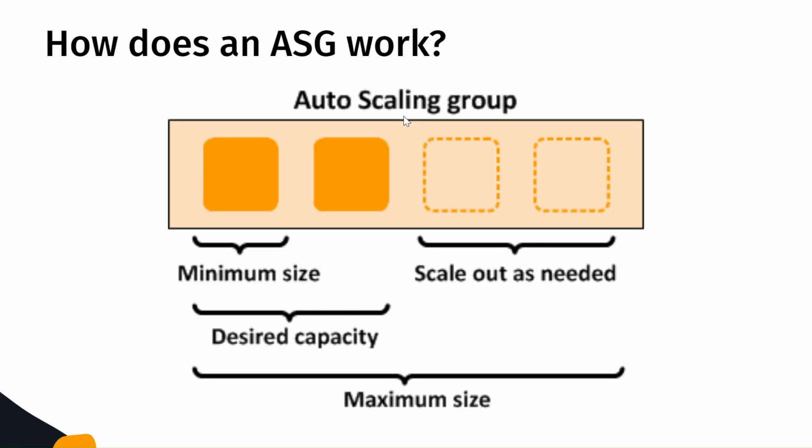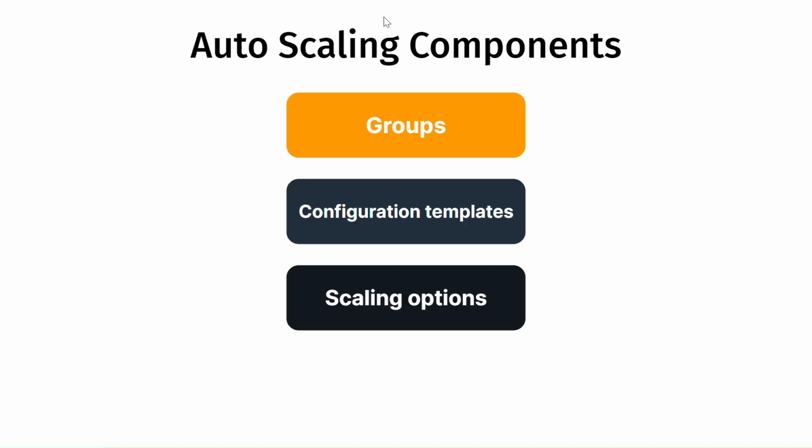For example, the following ASG has a minimum size of 1 instance, a desired capacity of 2 instances, and a maximum size of 4 instances. The scaling policies that you define adjust the number of instances within your minimum and maximum number based on the criteria that you specify. Autoscaling components. Groups.